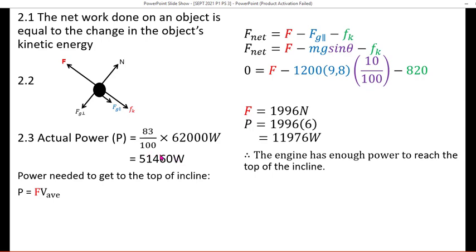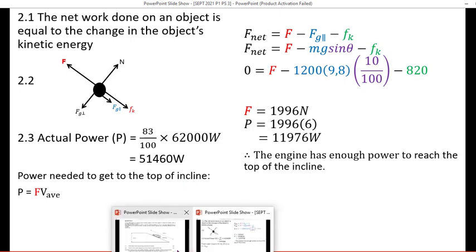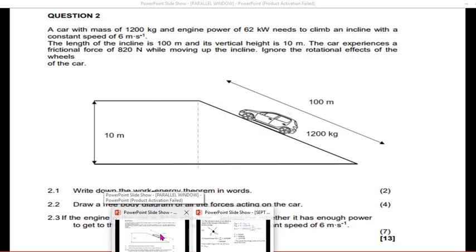Then what we need to do is find the power needed to get to the top of the incline. We need to calculate that based on the forces involved in the motion. So when we check the formula, let's see the information that we have.